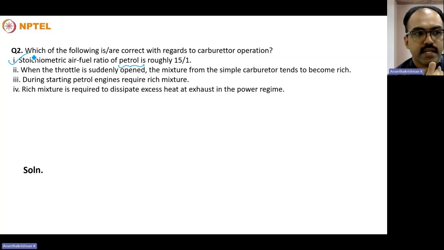Option 2: when the throttle is suddenly opened, the mixture from the simple carburetor tends to become rich.